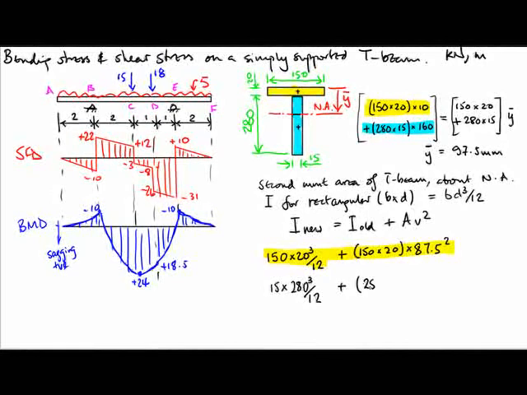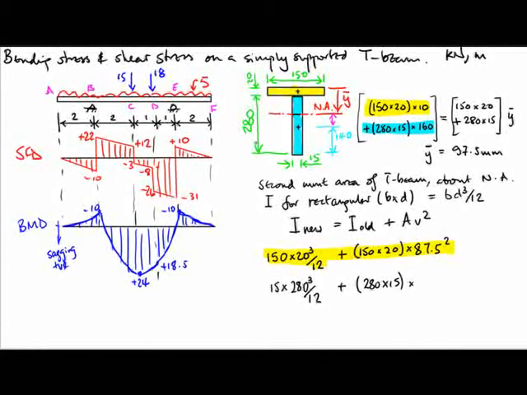A is 200 times 15. V is the distance from the block's centroid to the neutral axis of the beam. So we're talking about this distance here, and that distance there, well, we can work it out. From here to here is 140, and what we're looking for is this particular gap.